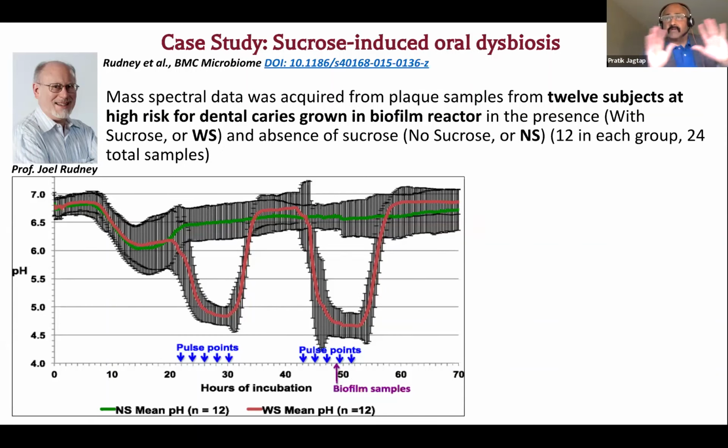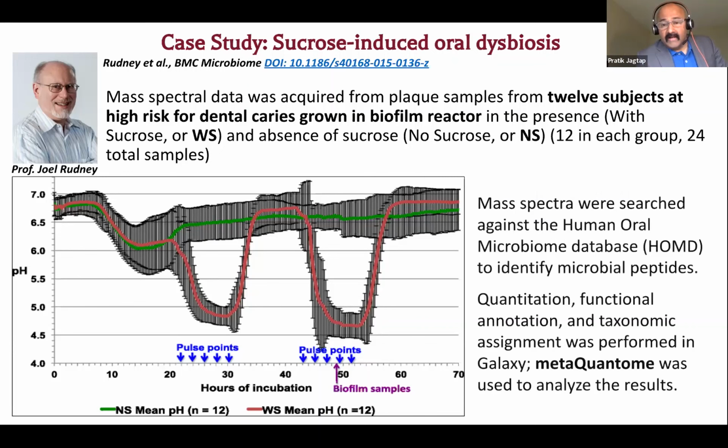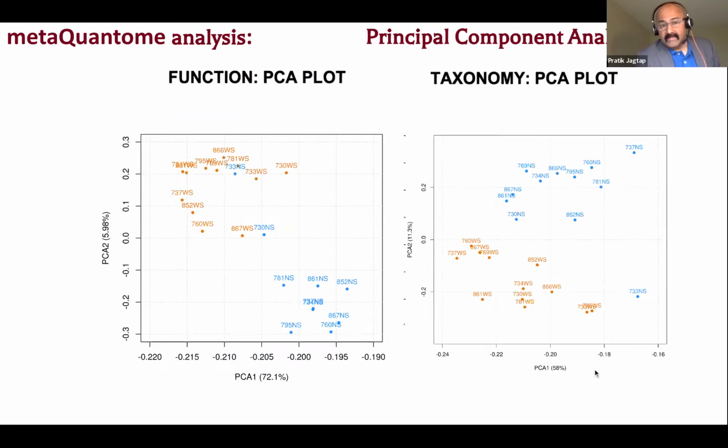There were 12 pairs of samples, one as a control, and the other wherein sucrose was added. We took this mass spectral data and searched it against a large database, using some reduced database searching methods. Eventually the outputs that were generated were sent to MetaQuantome for analysis.